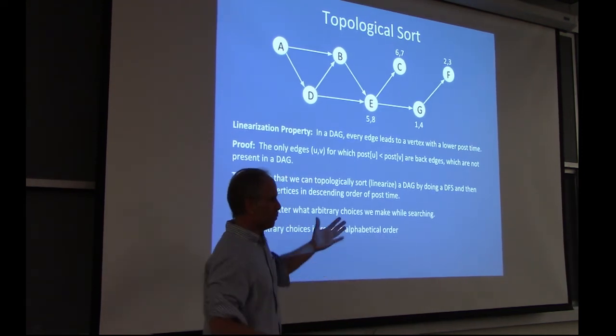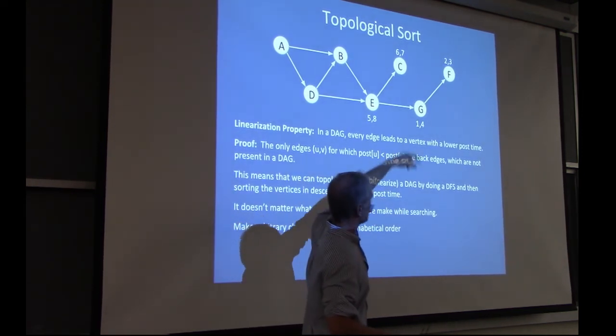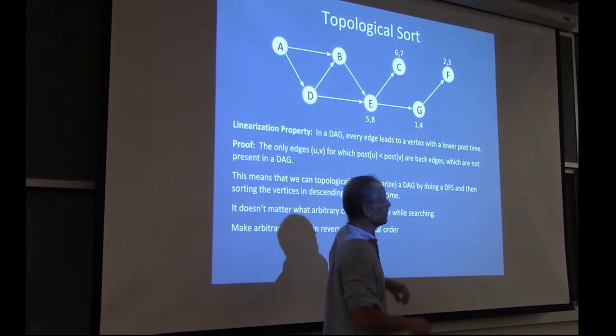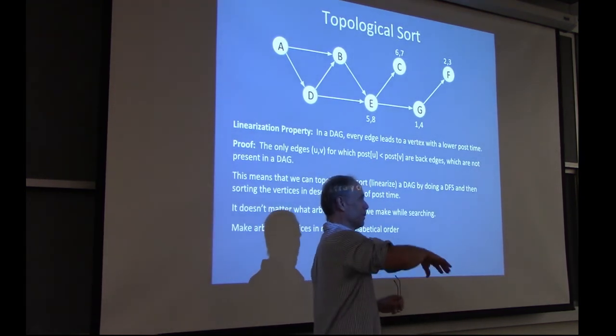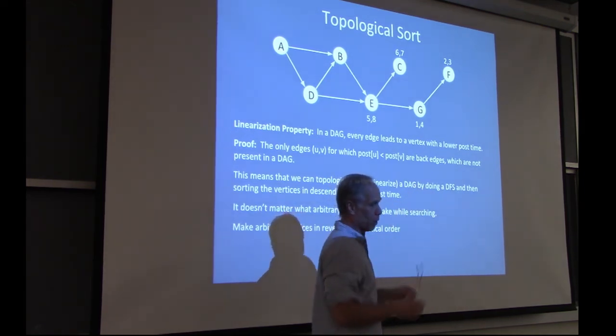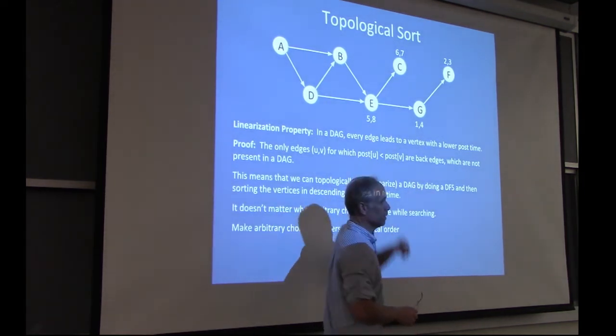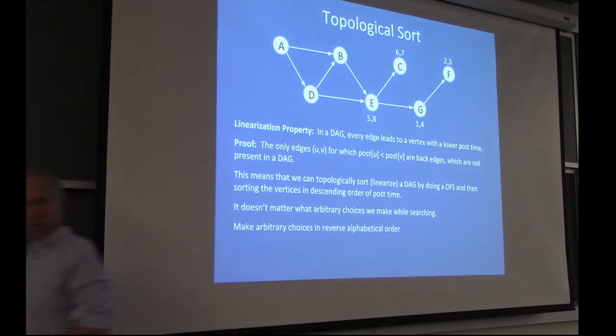Yeah, because if we had not visited before, we would have visited C, G, and F, and they'd all have lower post times. But since we did visit those before, they got lower post times that way, before we even considered D. So it works out either way.